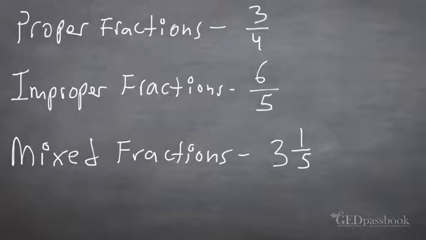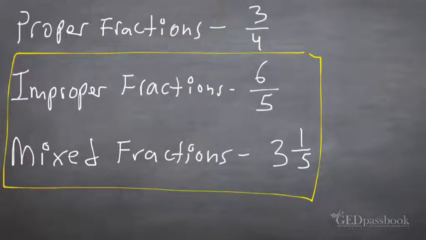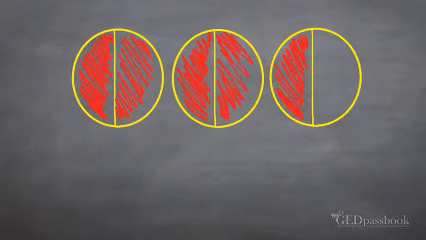We're now going to focus our sights on improper fractions and mixed fractions, mixed numbers. We're going to go over how they look and what they are used for. So here's this visual fraction.